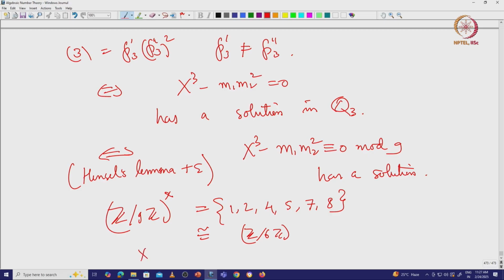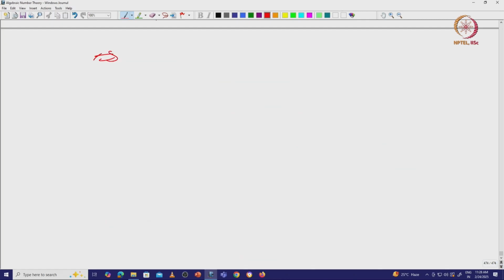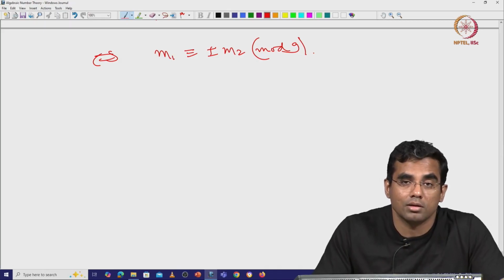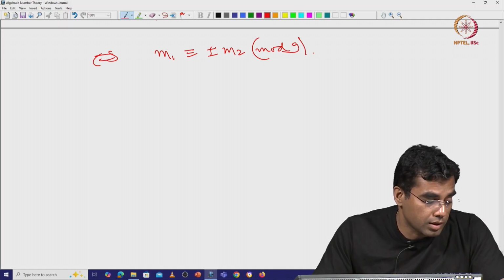So, you can check, using this explicit description or even using the fact that it is Z mod 6Z, that this means m1 m2 squared is congruent to plus minus 1 mod 9 if and only if x cubed minus m1 m2 squared congruent to 0 mod 9 has a solution.